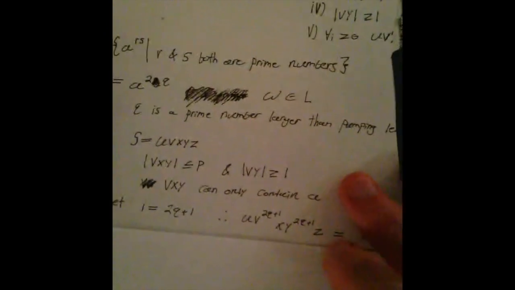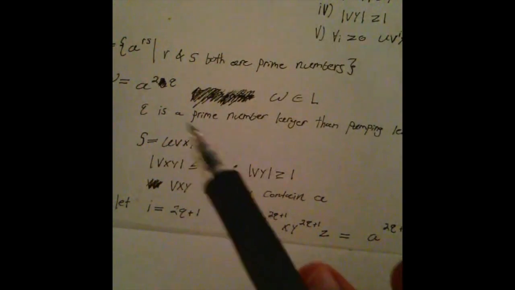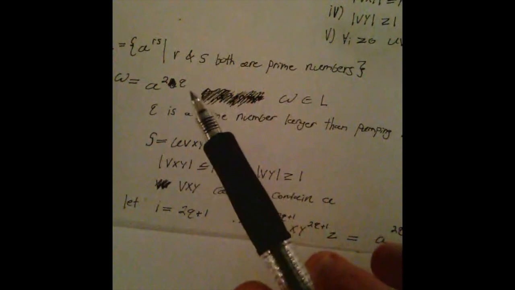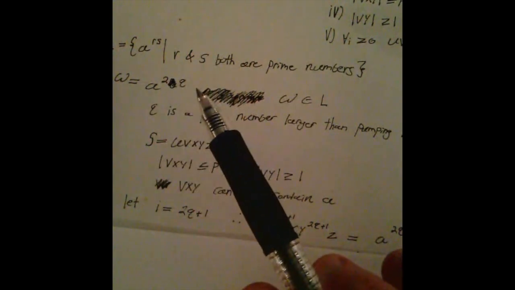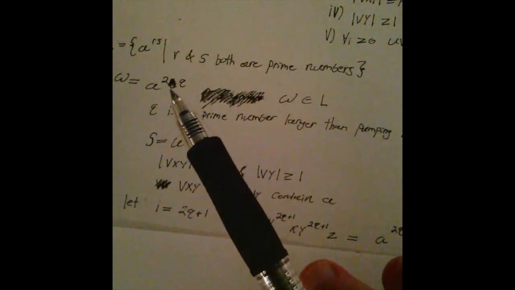Now why we can say from this that we have 2q plus 2q alpha plus 2q beta a's is because we know the original string, u, v, x, y, z, is 2q a's long.